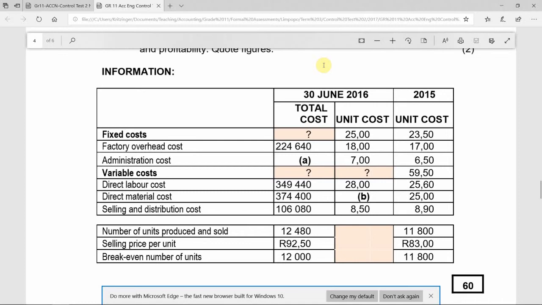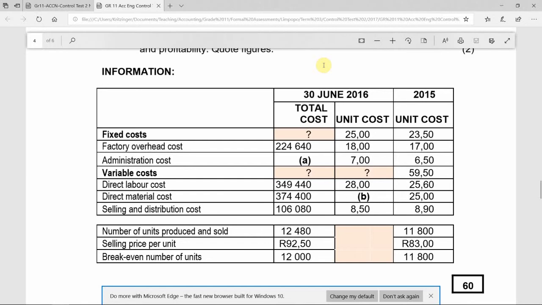So we covered A. Number B. Now we don't know the unit costs, but we do know the direct material total costs. So we can divide the total cost by the number of units to get the cost per unit.